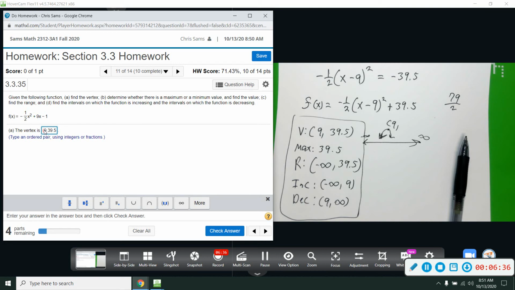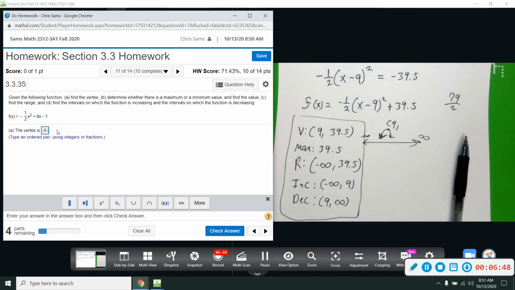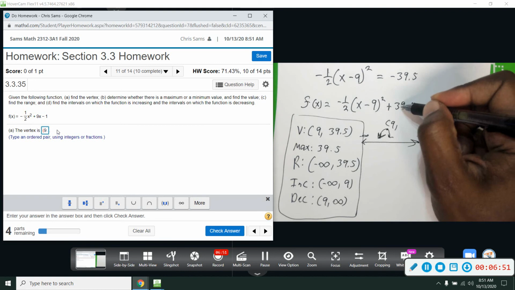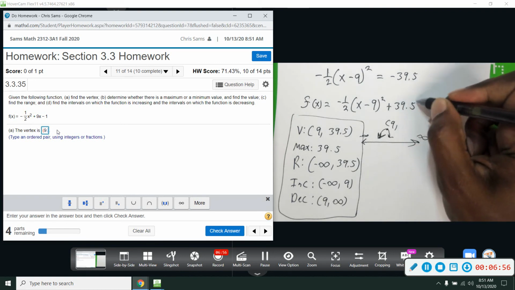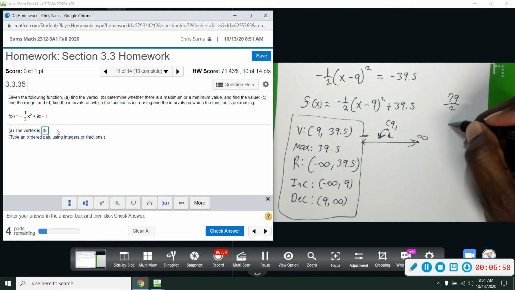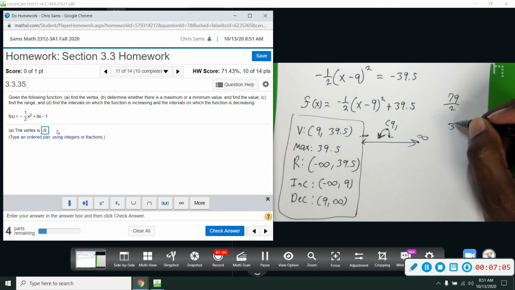Integer, ordered pairs or fractions. Okay, so because it says fractions, it's going to want that in fraction form. So that is 79 over 2. One easy way, if you don't know how to convert from decimal to fraction: this is 39 and 5 tenths. So I just put 39 and 5 over 10, and you can reduce this.